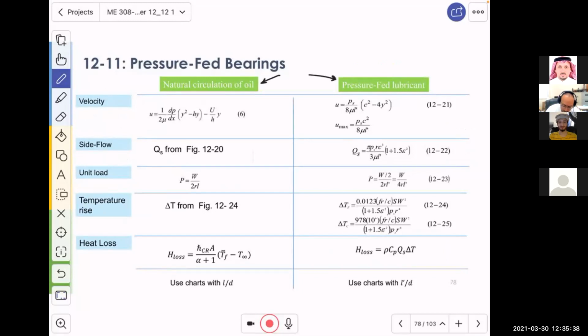As you see over here, this is the velocity distribution equation. You have seen it a week or so ago. And here, the derivation for the same, which is the distribution of the force, but with an L prime, with a pressure feed.